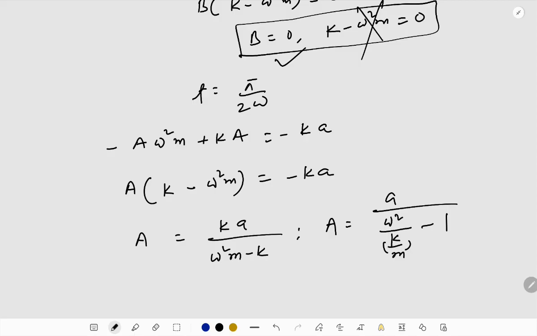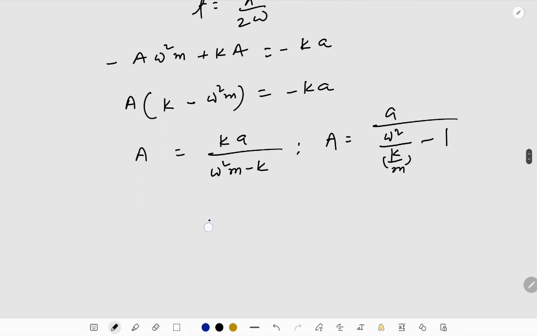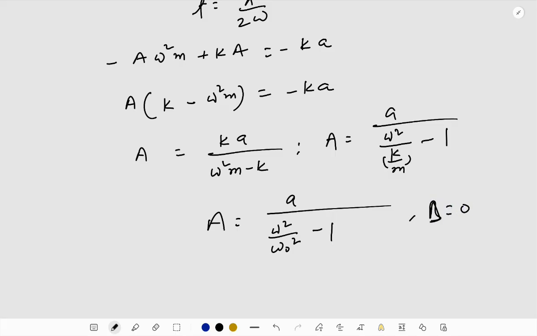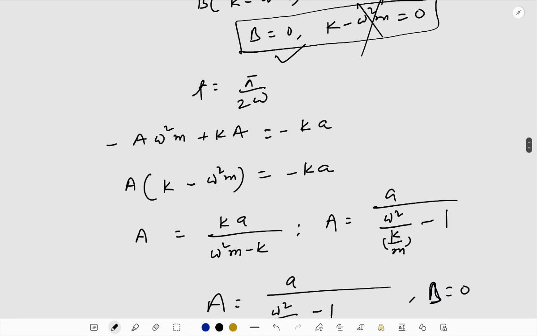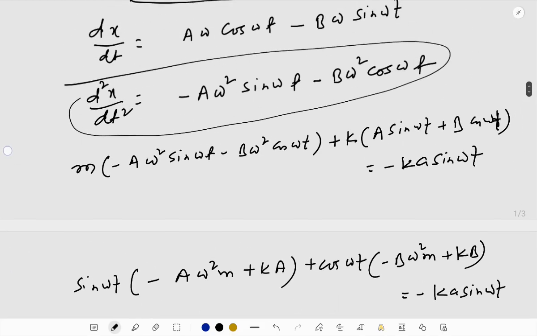K by m under root is omega naught. So I can write this capital A equals small a divided by omega square by omega naught square minus 1. That is the natural frequency we needed to find. And b equals 0 is the next solution.